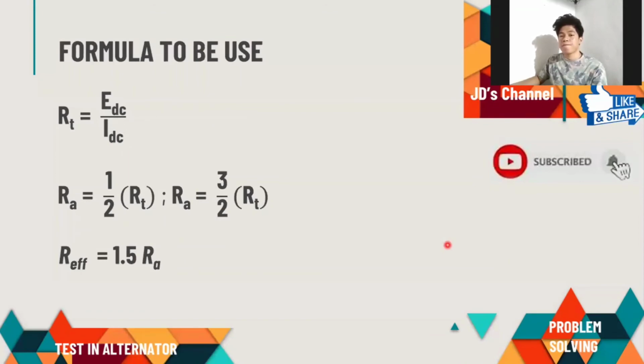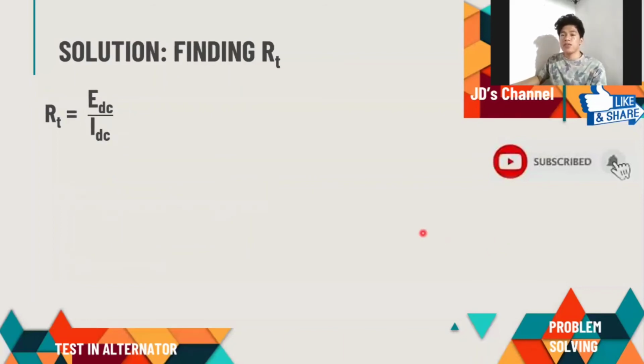And the effective value is equal to 1.5 of our RA.